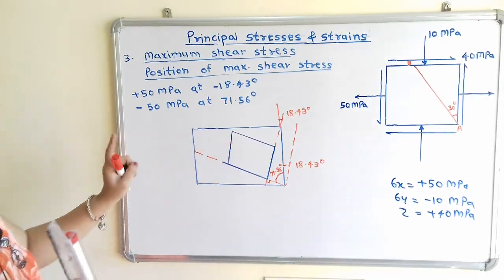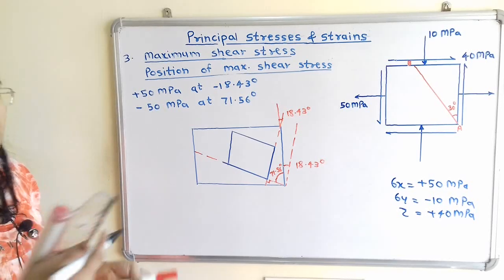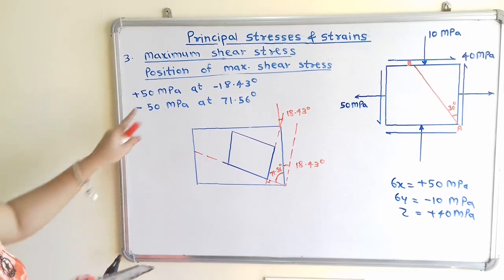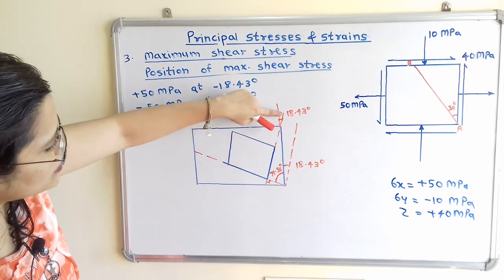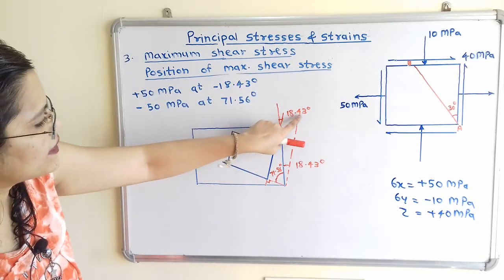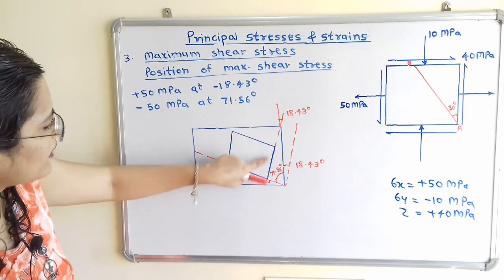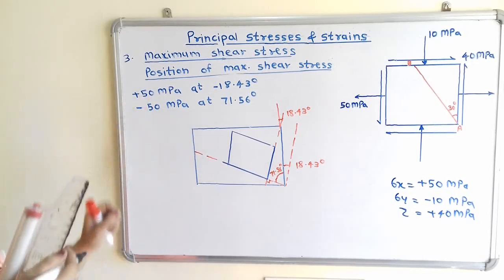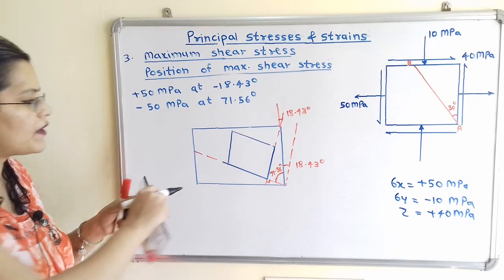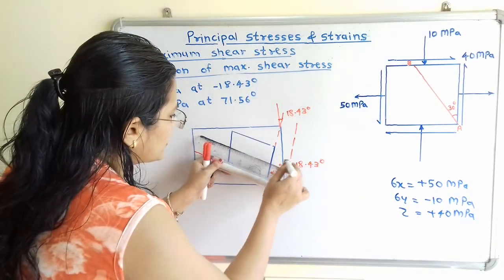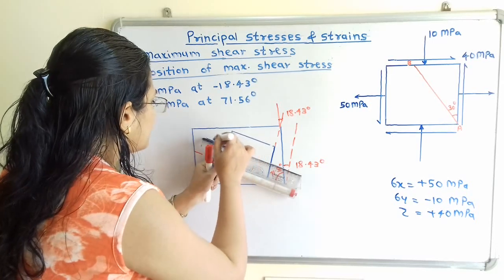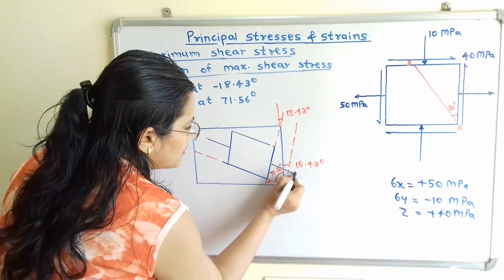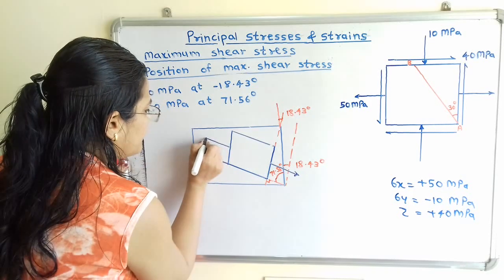Now we have to show this stress, that is the maximum shear stress. So at angle 18.43, this is the line at an angle 18.43. For this line we have to show plus 50 megapascal. It is having plus sign, so we have to show this in terms of tensile stress, that is the direction in the outward direction because of the positive magnitude.